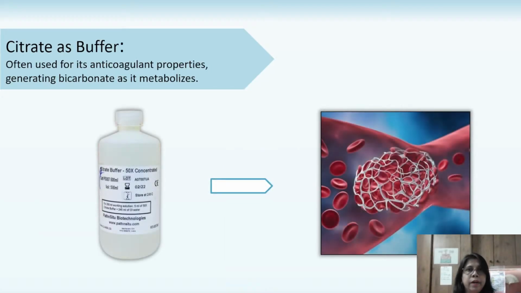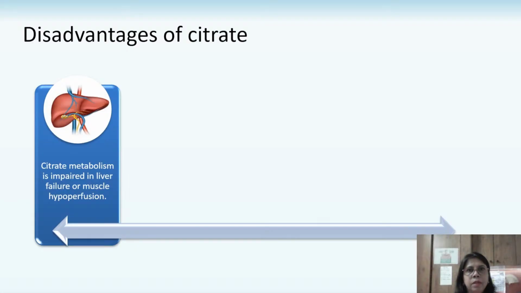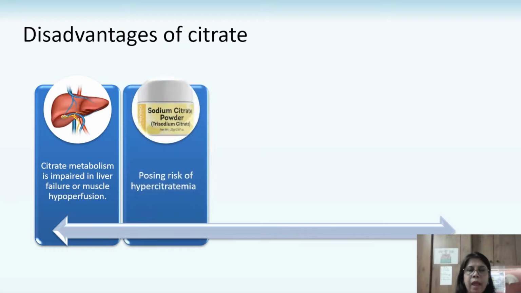We know that citrate is used as an anticoagulant during CRRT, but citrate can also be used as a buffer. However, not much is known about its use as a buffer during CRRT. Citrate metabolism is impaired in patients with liver disease or even with muscle hypoperfusion, and this poses the risk of hypercitratemia.